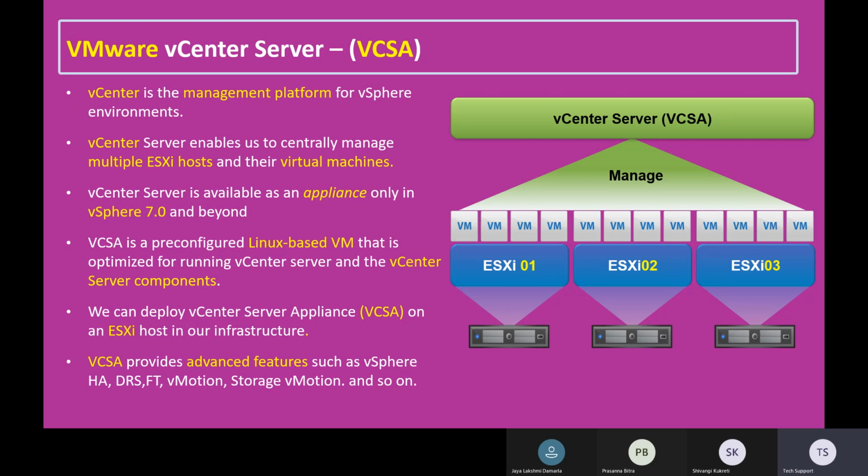Once the installation is completed, we do the configuration, and finally we configure the vCenter server. Within the vCenter server, we can add all our 50 ESXi hosts. Once the vCenter server and 50 ESX hosts are ready, our requirement is 500 virtual machines.